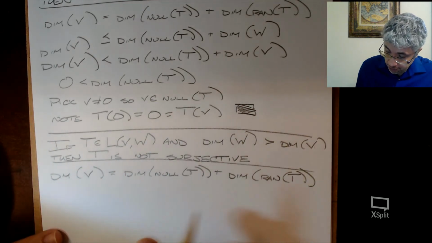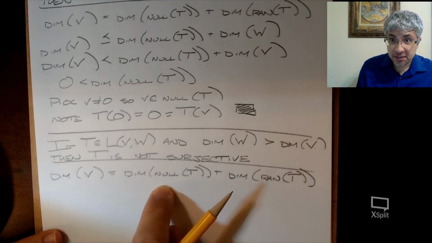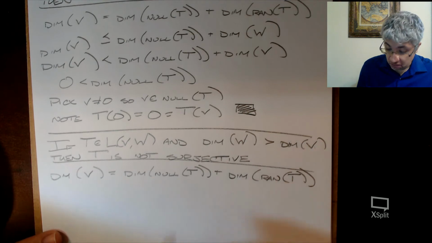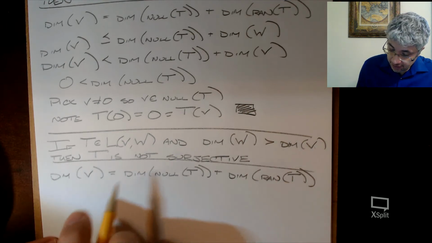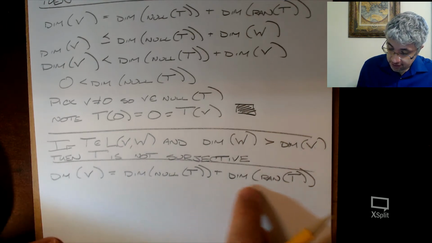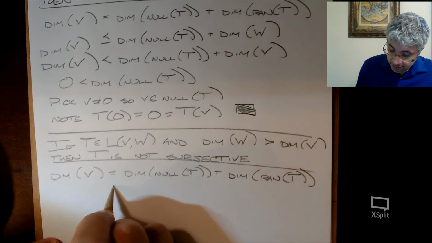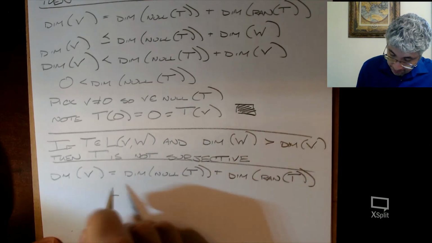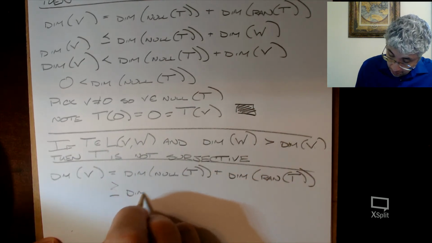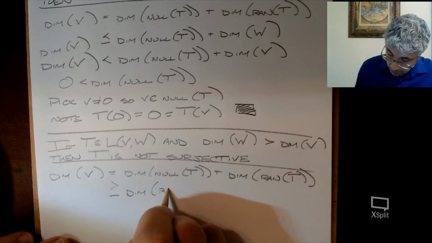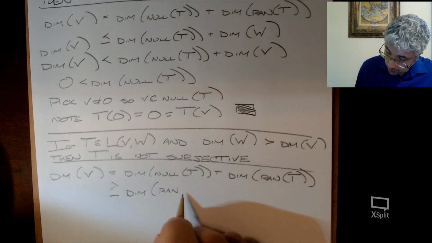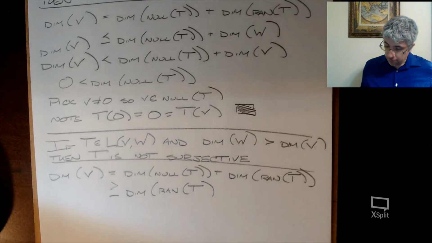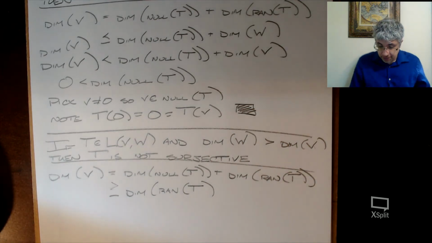What we have to do here is, hey, the dimension of the null space, whatever this is, it's 0 or more. So what I could say is that the dimension of V is equal to this plus this, which happens to be greater than or equal to the dimension of the range of T.